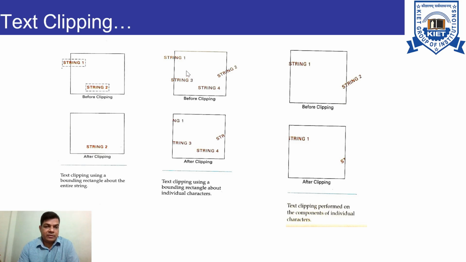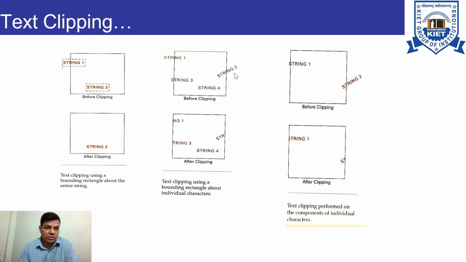In the second, we are performing the clipping on the individual characters, and you can see that in string 1 the first four characters are outside the clipping window, so these four characters are not kept for display. While here you can see that "str" is inside, while "ng2" is outside, while "i" is on the window.